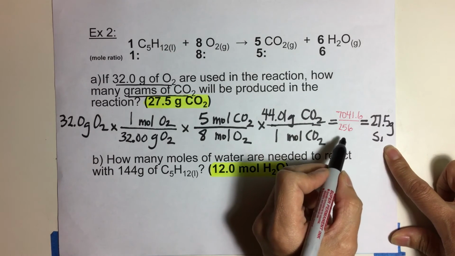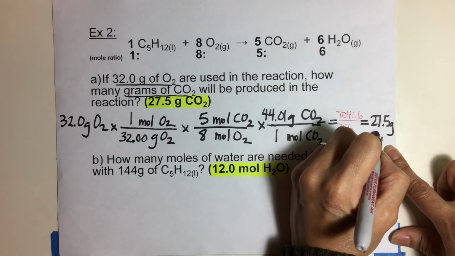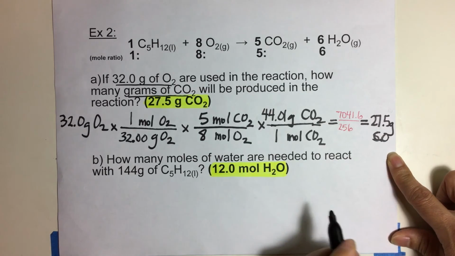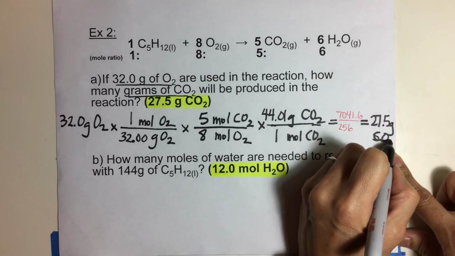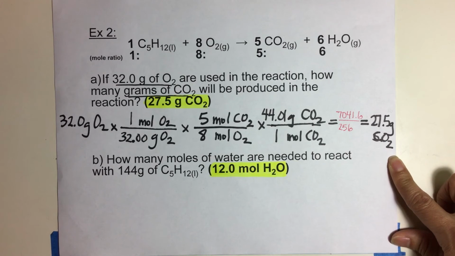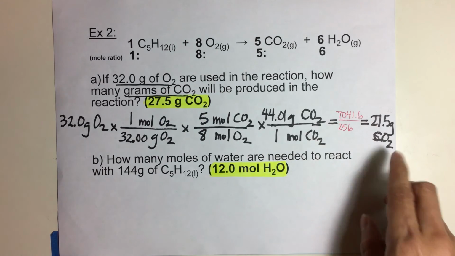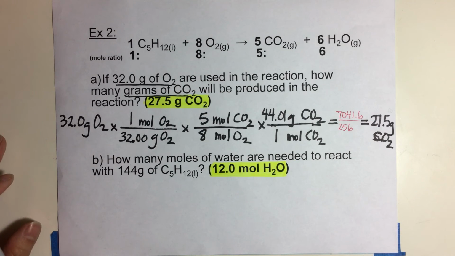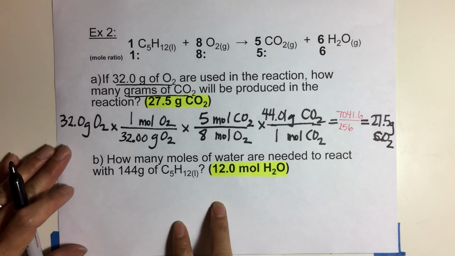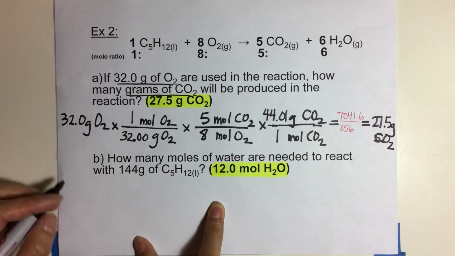I might have written that wrong. Yeah, no, sorry. 27.5 grams of carbon dioxide. Okay. You should be pausing the video or rewinding if you need to see something else, or see it a little slower or see it again, okay?